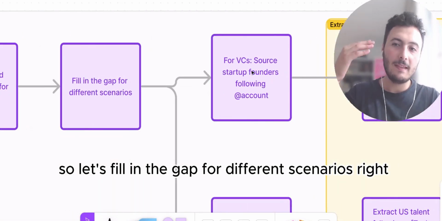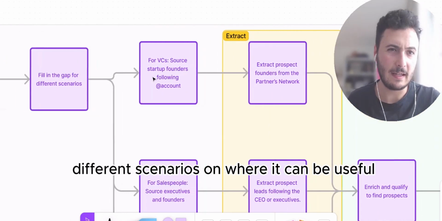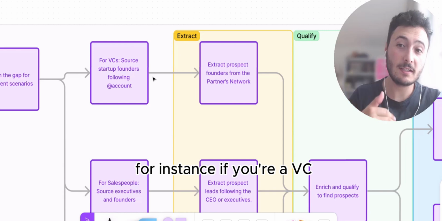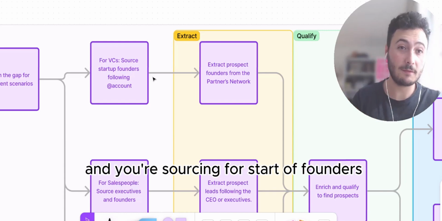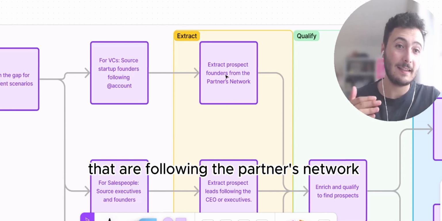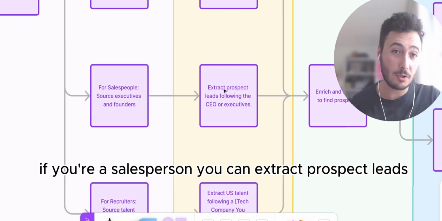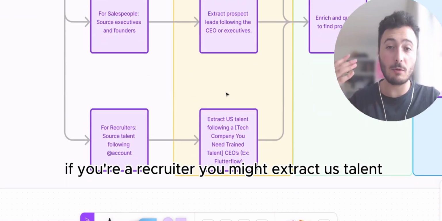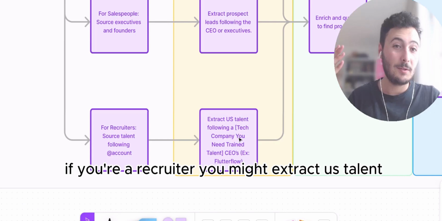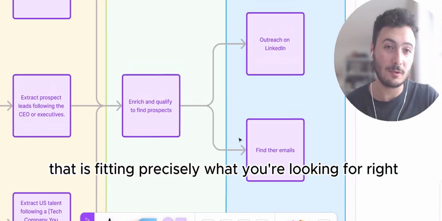So let's fill in the gap for different scenarios, right? Let's see these different scenarios on where it can be useful. For instance, if you're a VC and you're sourcing for startup founders, then you can extract prospects that are following the partner's network. If you're a salesperson, you can extract prospect leads. If you're a recruiter, you might extract US talent that is fitting precisely what you're looking for, right?